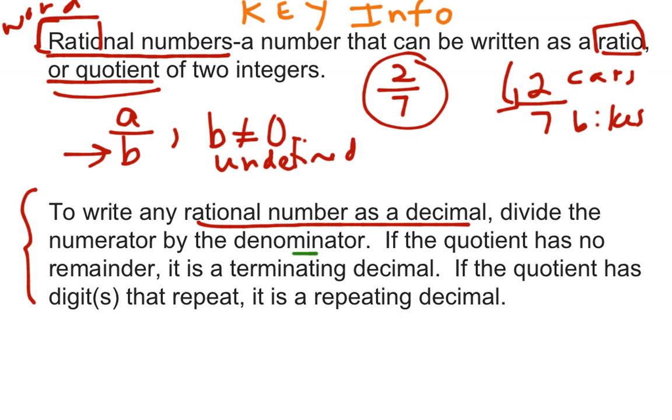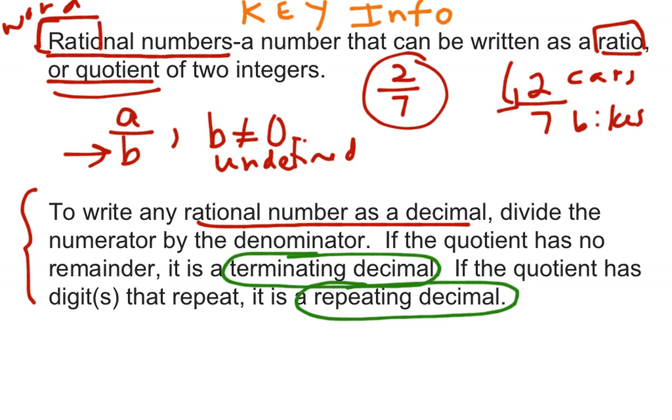You can get either a terminating decimal. This isn't exactly the definition of a terminating decimal, but the terminating decimal part is embedded in this information. We know that's a decimal that's going to stop and have no remainder. Or you can get a repeating decimal. In my two examples on the next page, I'll show you how that works.